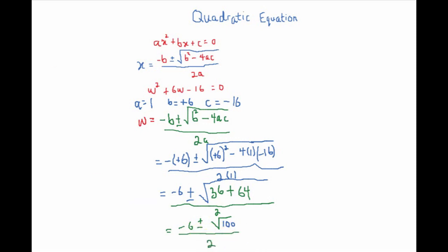So we have w equals minus 6 plus or minus square root of 100, which is 10, over 2. So we have minus 6 plus 10 over 2, or minus 6 minus 10 over 2.